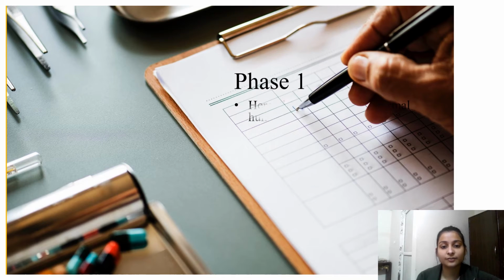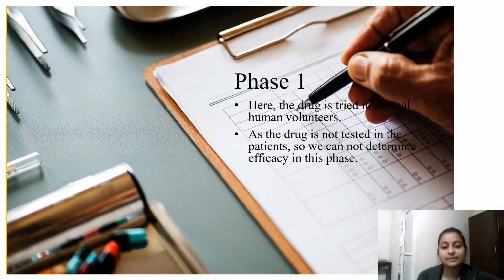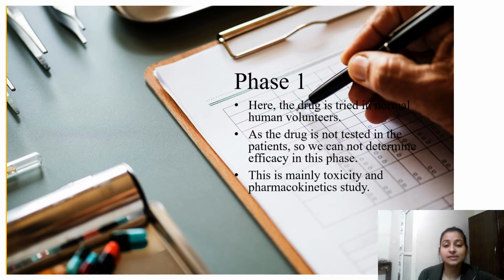Phase 1 clinical trials. Here the drug is tried in normal human volunteers. As the drug is not tested in patients, we cannot determine the efficacy in this phase. Efficacy is determined in phase 2 clinical trials. This is mainly toxicity and pharmacokinetic studies.